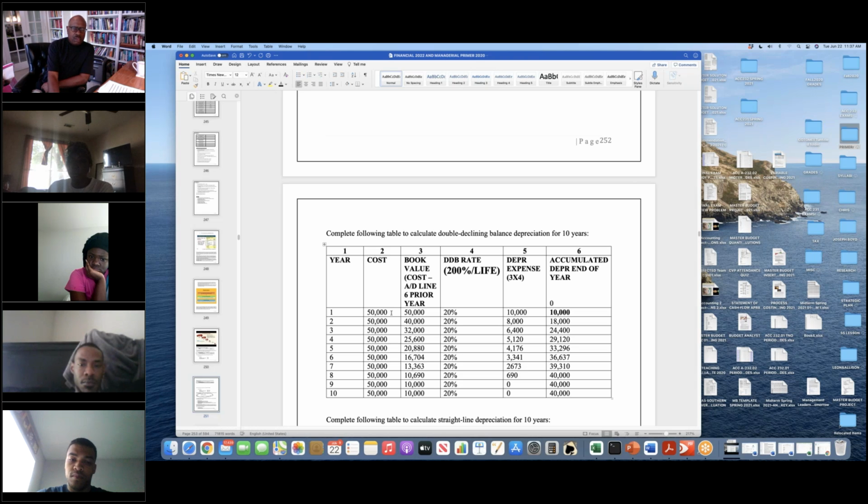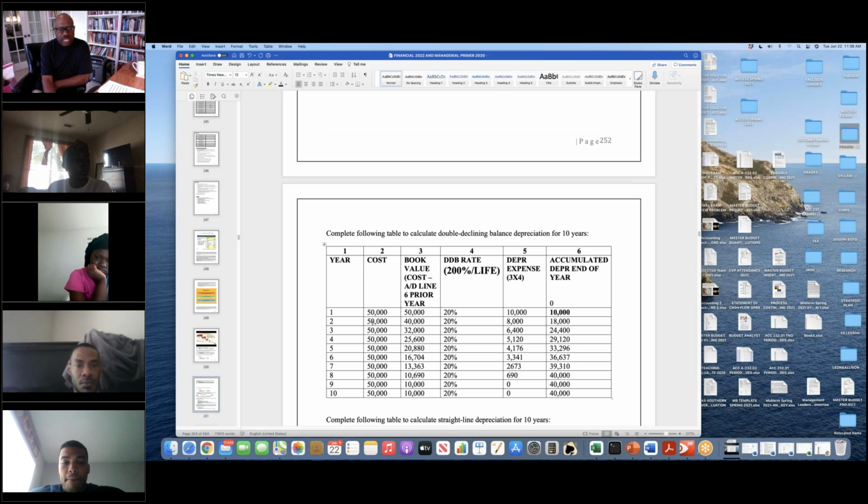The total cost, ignore salvage, get a rate based on 200% divided by the life. So 200 divided by 10 years, 20%. We take 20% of 50,000. And so the accumulated depreciation is 10,000.